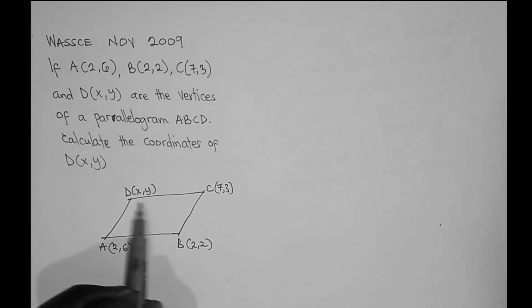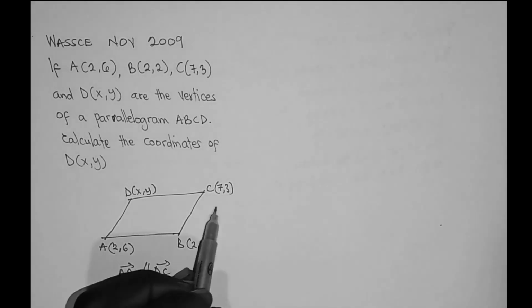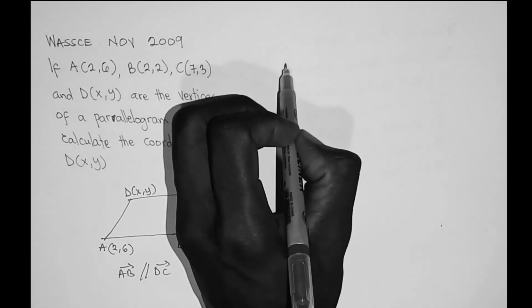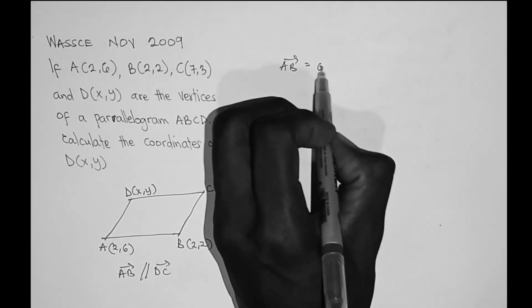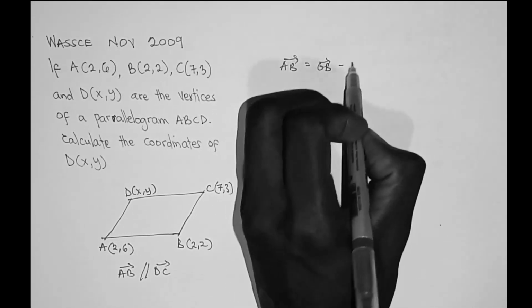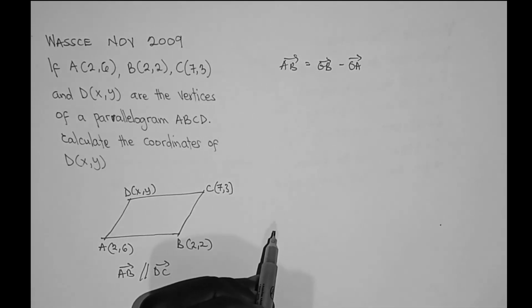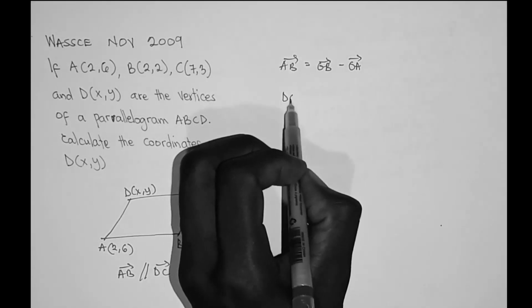But because it's a parallelogram, we know that the vector AB is parallel to the vector DC, which means this vector is equal to this vector. So let's find the vector AB. The vector AB is position vector OB minus position vector OA. And then let's also find the vector DC.